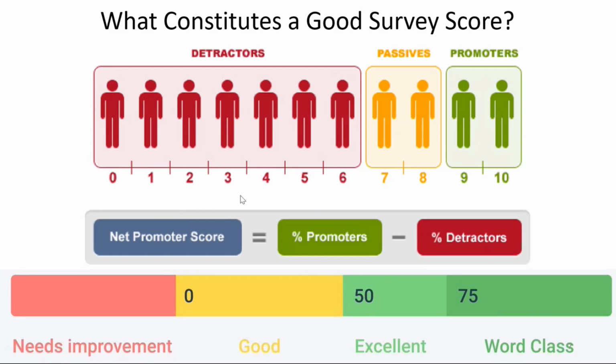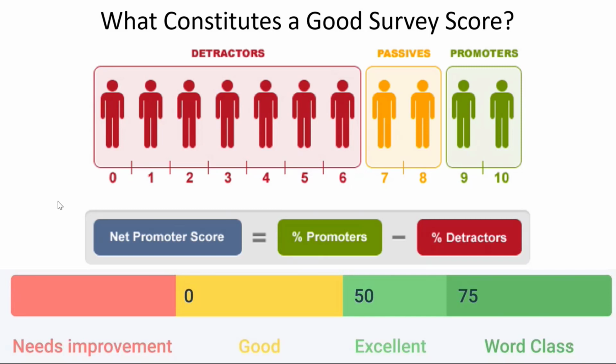But that means your promoter score is 46.6% and your detractor score is 20%, which brings your NPS down to 26, from a 40 down to 26. The NPS has dipped significantly because you had these passives in the mix. This is just how the net promoter score is calculated.